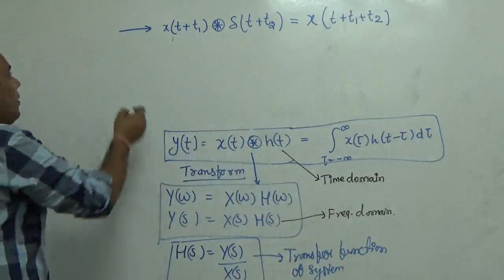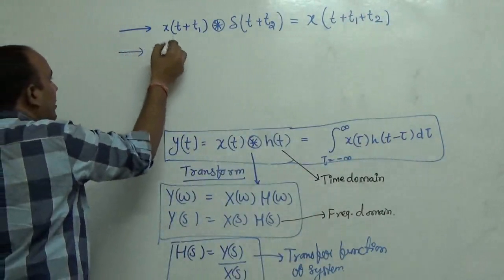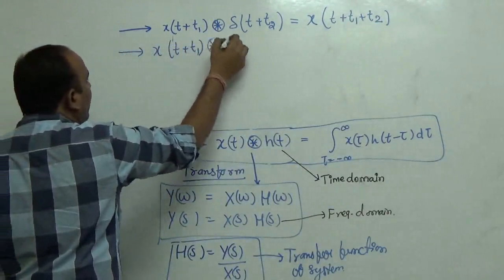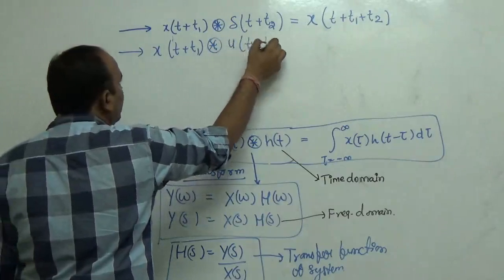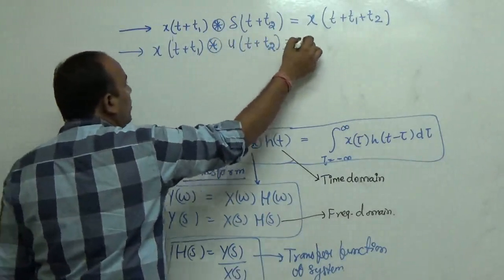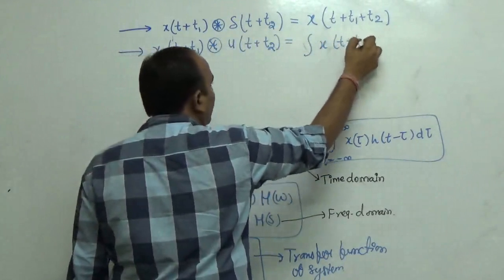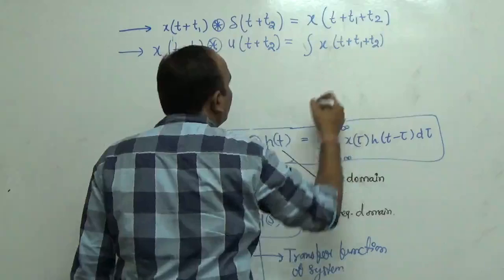Also, x(t plus t1) convolved with u(t plus t2) is always equal to the integral of x(t) dt, shifted by t1 plus t2.